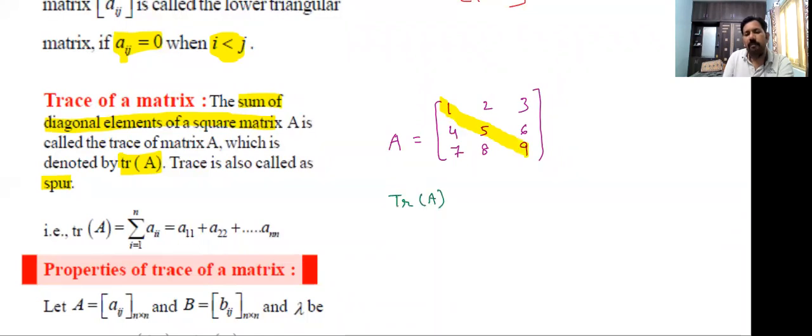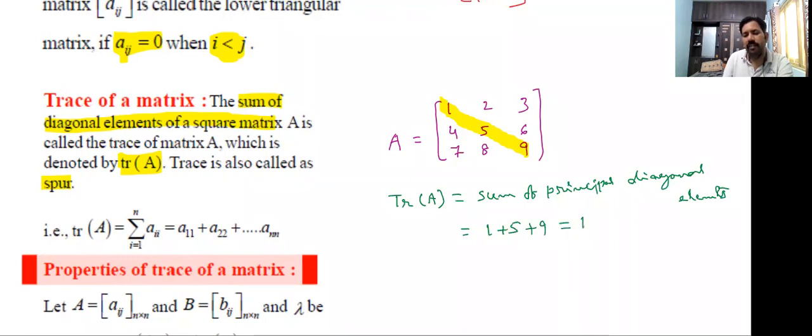Trace of A means the sum of the principal diagonal elements. What are the principal diagonal elements here? 1 plus 5 plus 9. Total how much, students? This is 15. So in this matrix, trace of A is how much? 15. Students, have you understood now? Here some properties are there.